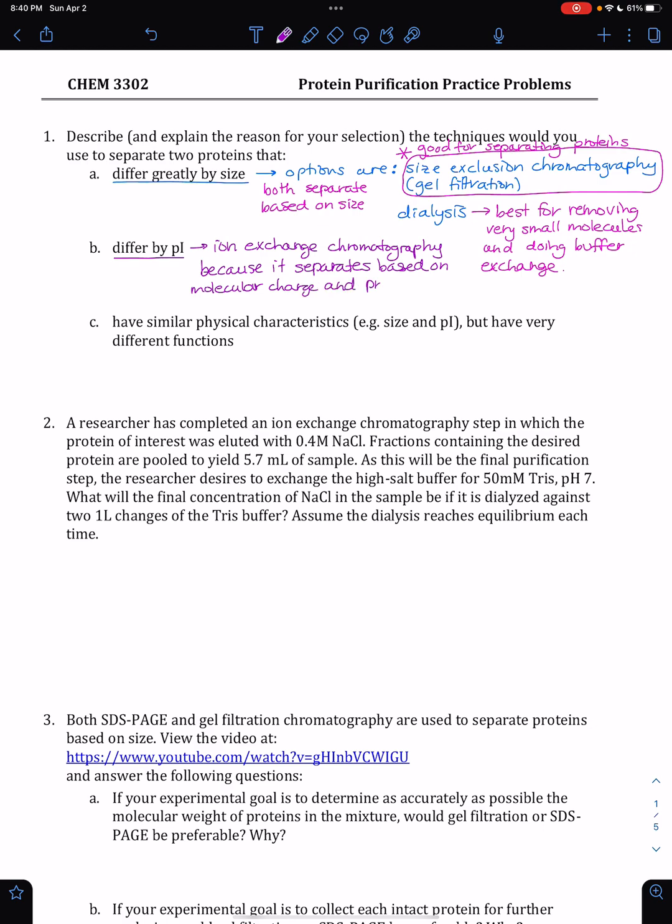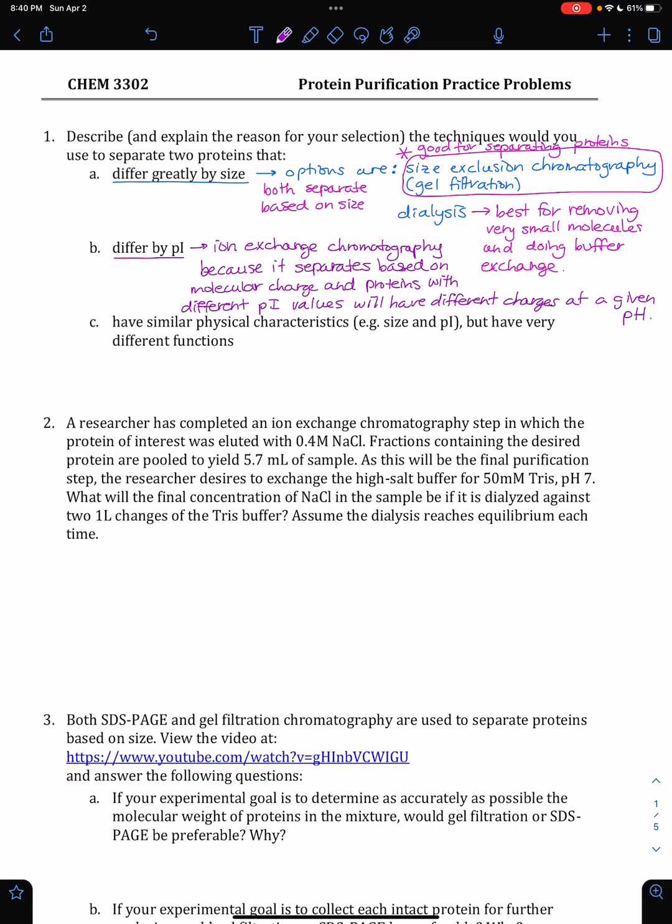And proteins with different pI values will have different charges at a given pH. Okay.